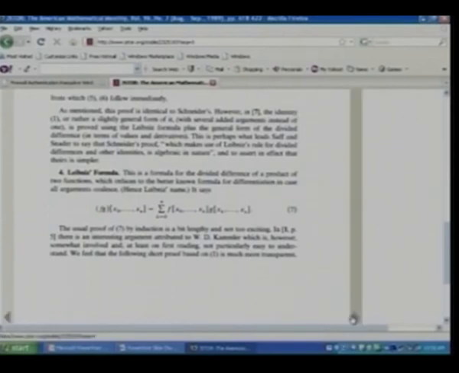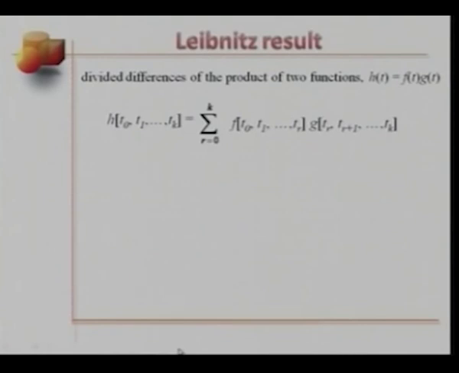You might want to take a look. However, here our intention is different. We are going to be using this result to derive the recursion relation for B-spline basis functions.